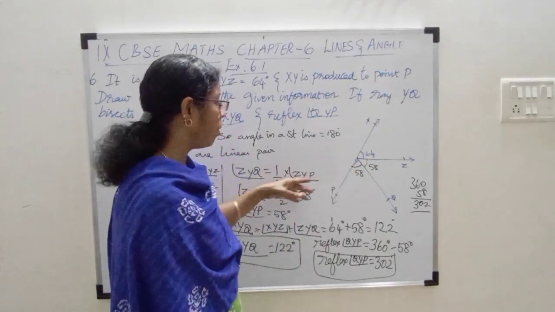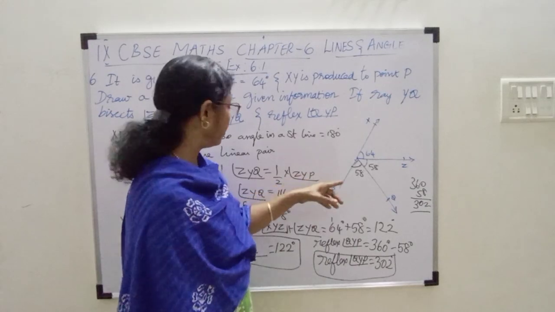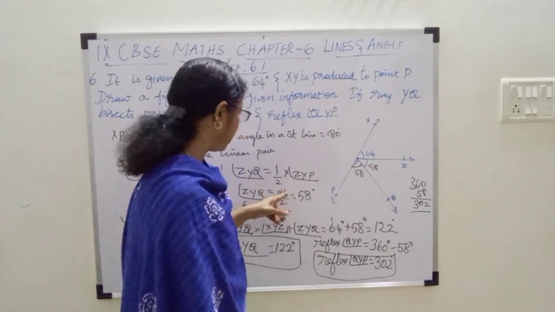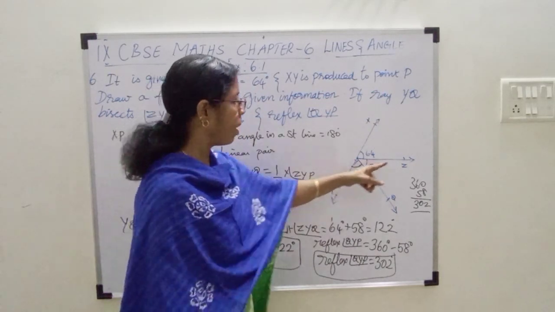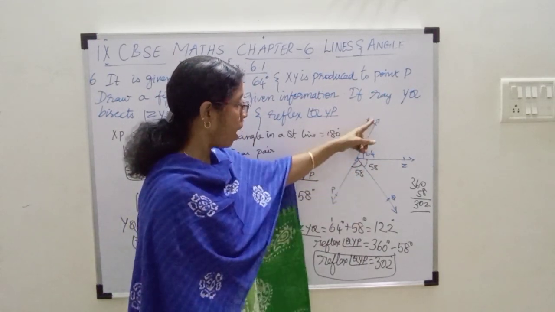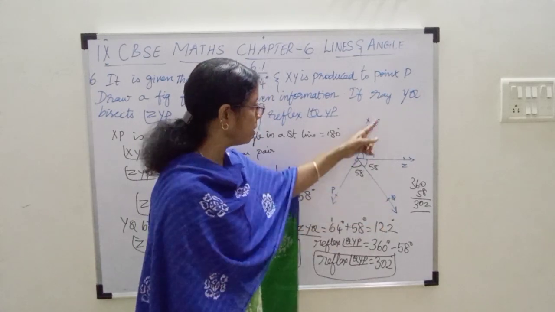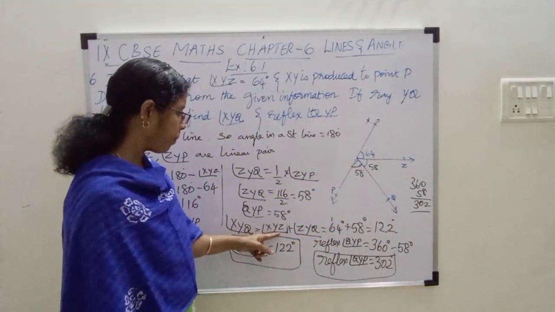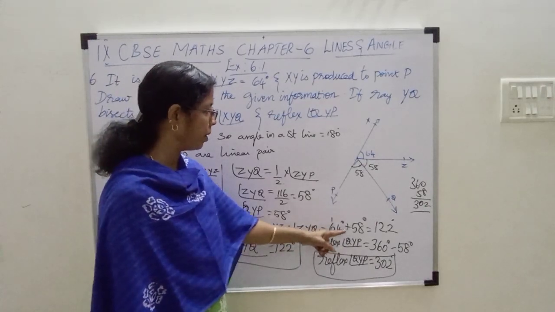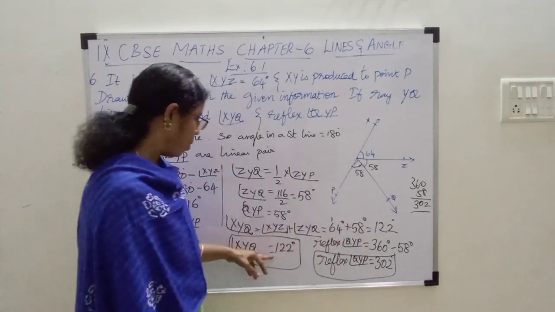Divide the whole angle by 2, you will get angle ZYQ as 58, which is also equal to angle QYP. Now we found angle ZYQ. We have to find out angle XYQ, which is equal to angle XYZ plus angle ZYQ. So we got that as 64 degree plus 58, which is 122 degree.